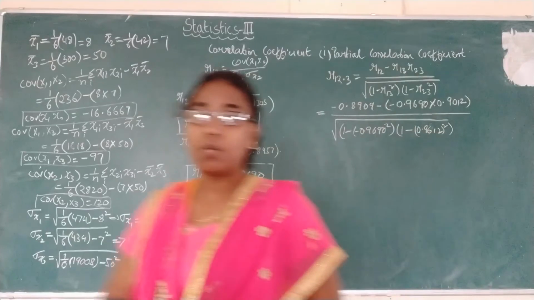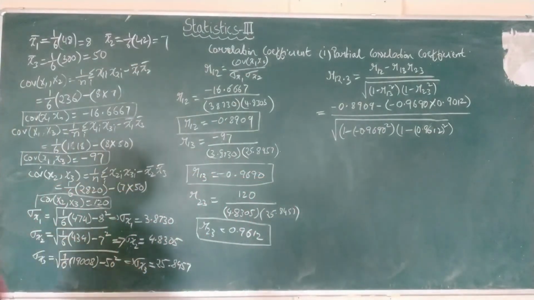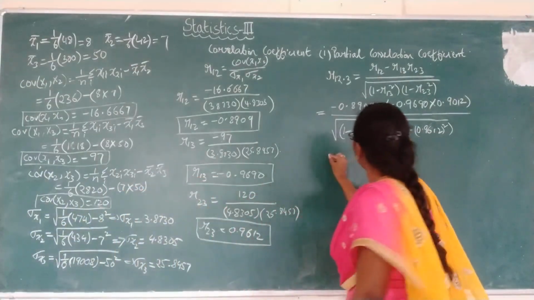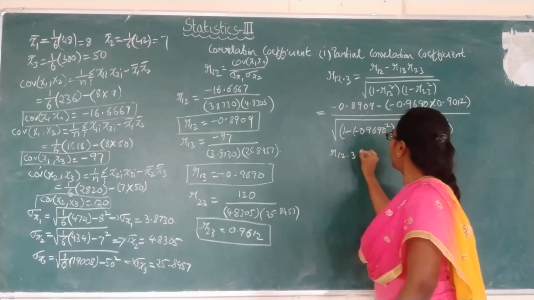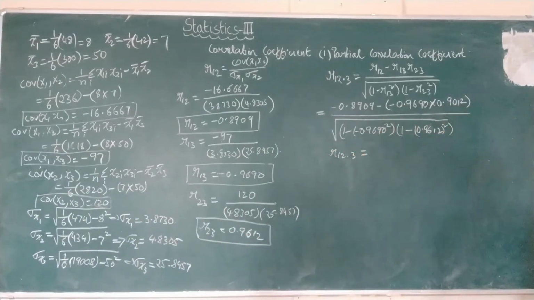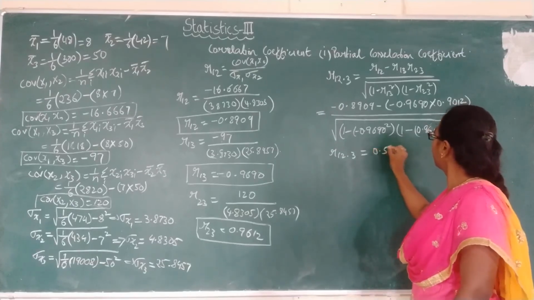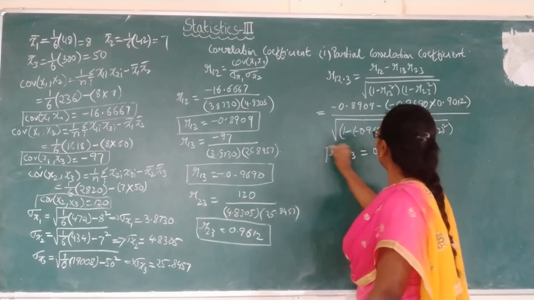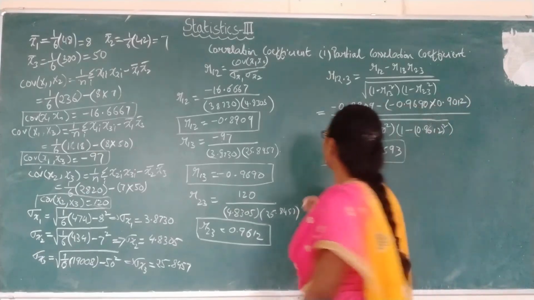So the R12.3 value you will be getting after solving is 0.593. So this is the required R12.3 value, that is 0.593. So we got our first partial correlation coefficient.